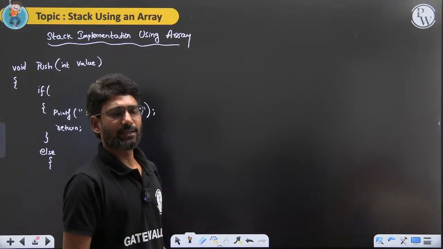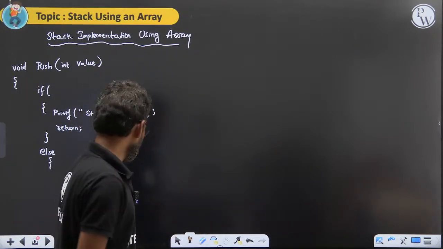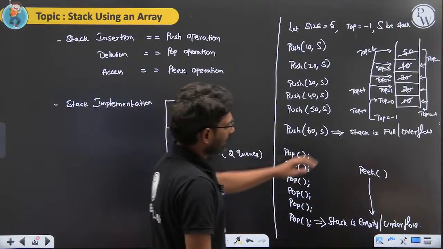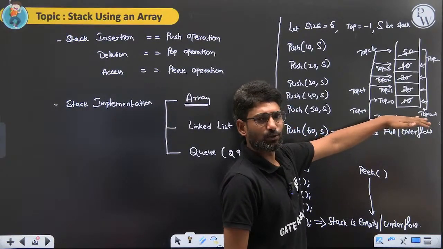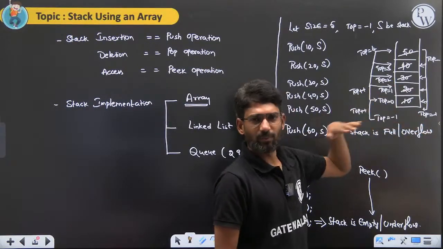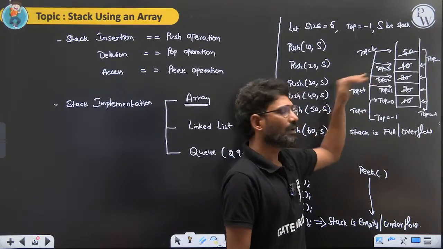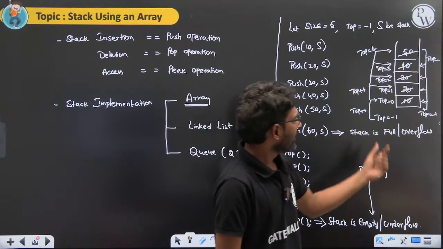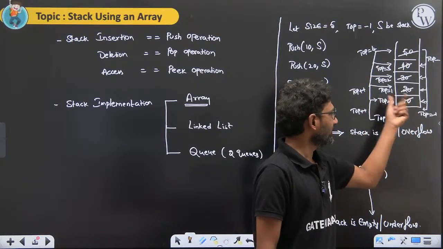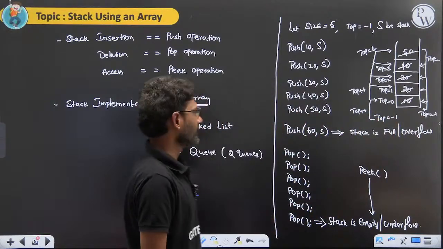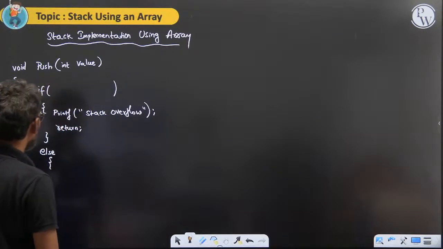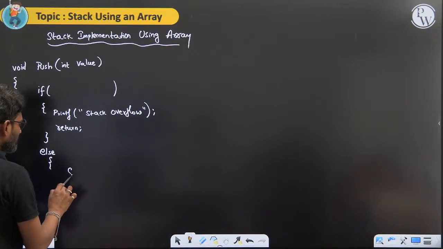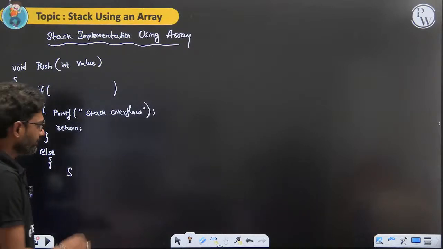If it is not overflow, means else, then I will be able to insert. When I can insert? As I said, if top is equal to -1, I will not be able to insert. I have to increment the top. After I increment in the stack, I can insert. Right. So, what I do? Let S be the top of the stack.